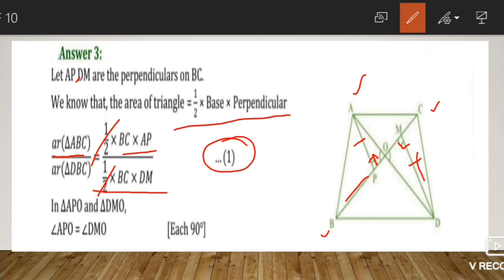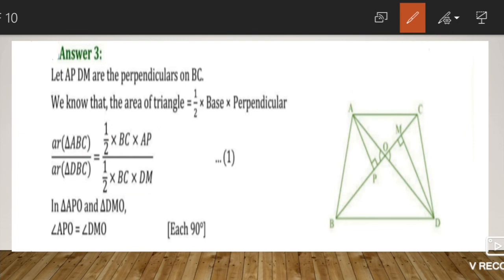Let me erase this again. So I am considering this one as equation number 1. Now if you take triangle APO, the smaller one, and triangle DMO, you can say that angle AOP is vertically opposite with angle DOM, so they are equal.